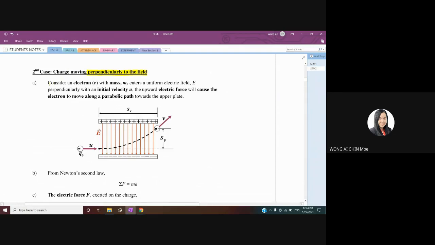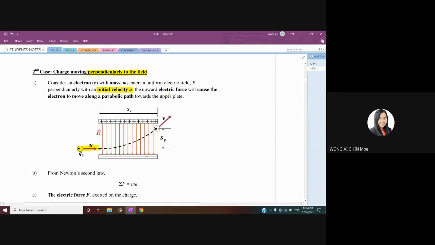Consider an electron, or it may be a positive or negative charge, depending on the question. For this case, say there is a negative charge with mass m entering a uniform electric field E perpendicularly with an initial velocity. It is moving horizontally.